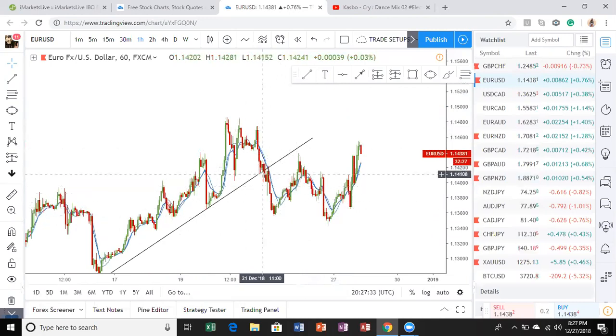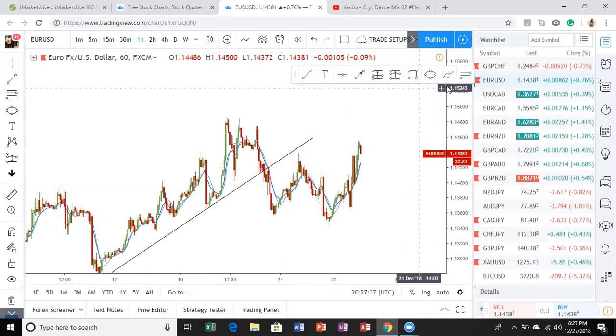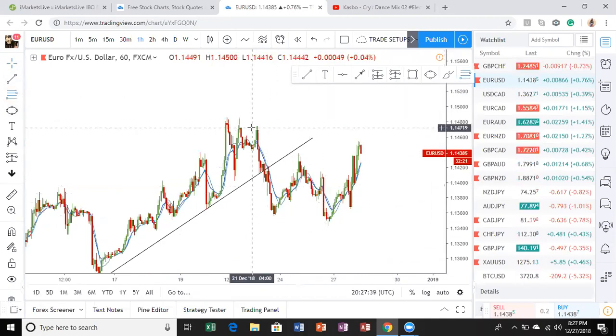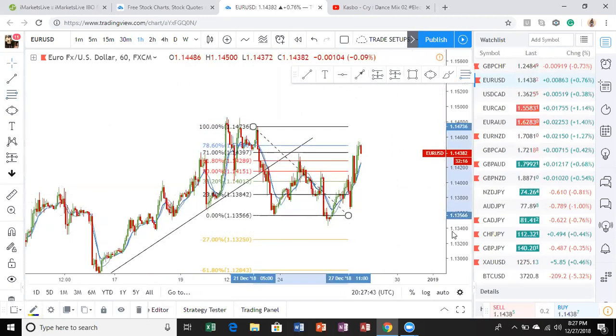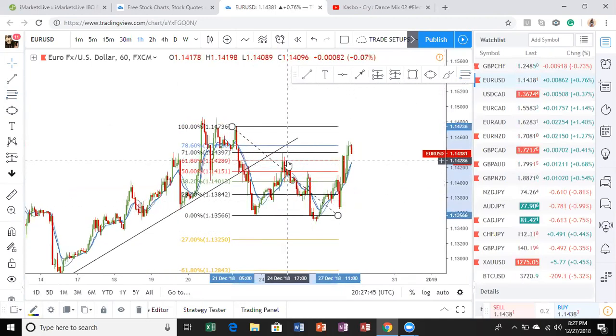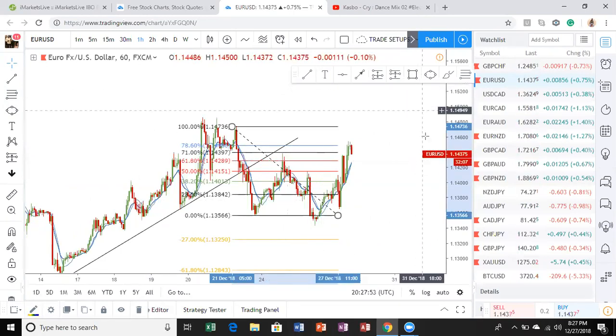A new price had to make a higher low. All I did was draw my Fibonacci all the way from the higher low to the lower low. Guess what? Price hit 61.8. Only take trades off 61.8.